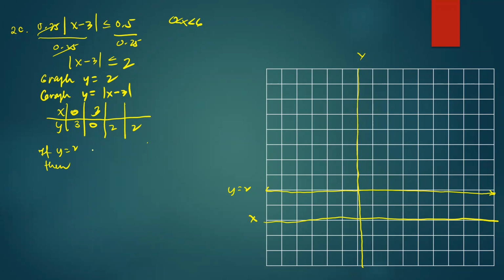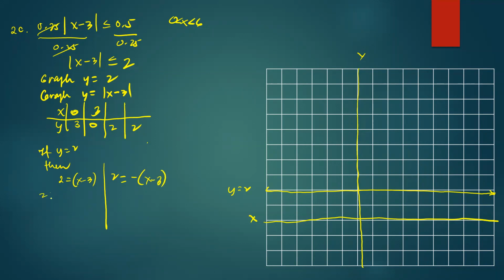So if y is equal to 2, then we substitute y to 2. So we have 2 is equal to x minus 3. But there's another one, that is 2 is equal to negative of x minus 3.